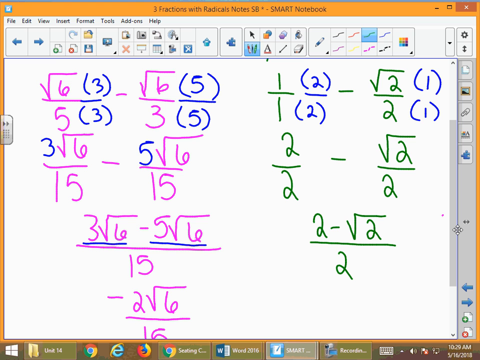And lastly, if you're thinking that you can cancel out something on here, we cannot. Again, there's 3 parts. There's the 2, there's the square root of 2, and there's the 2 in the denominator. All 3 of those values need to be divisible by 2. And we don't have any number in front of the square root, so we cannot cancel anything out.